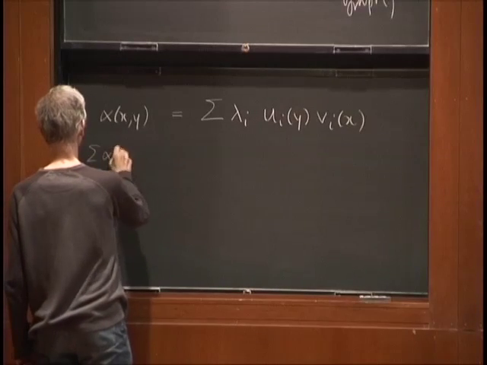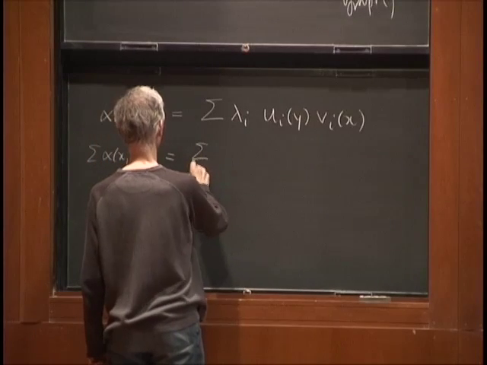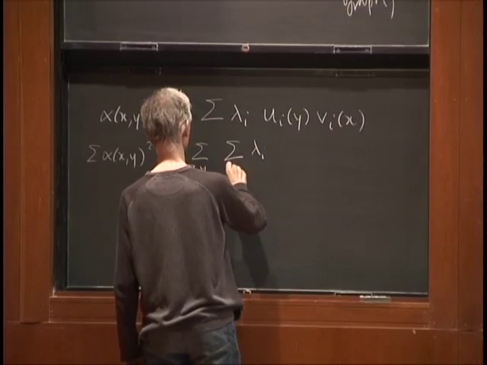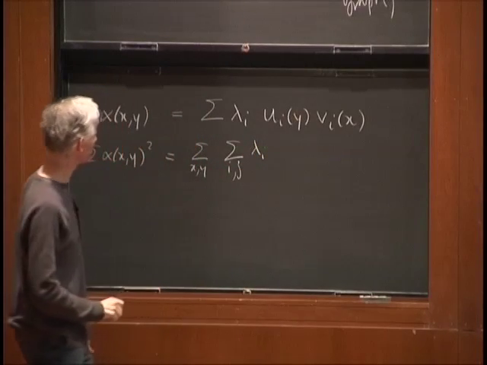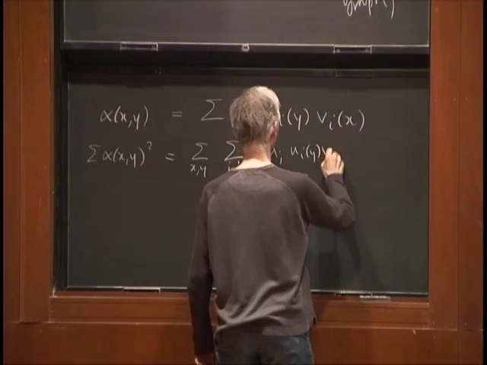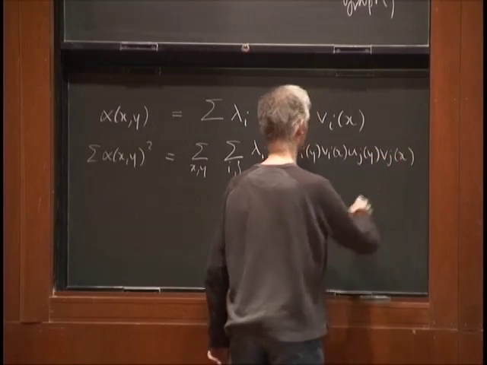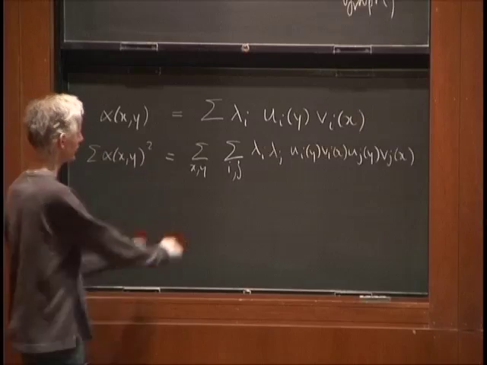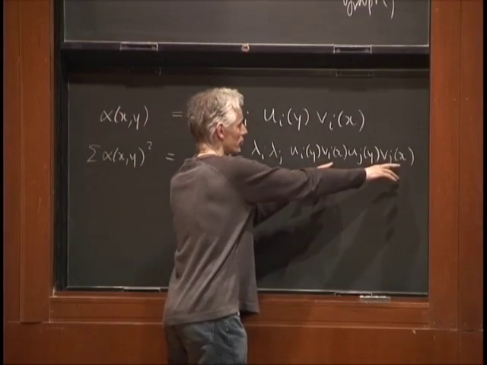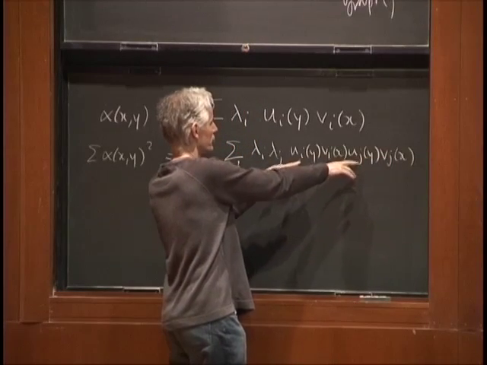So sigma alpha xy squared is sigma over xy of sigma lambda. Well, I'll do this in one step. So I'll sum over i, j of lambda i lambda j u_i y v_i x u_j y v_j x. And if I interchange the summations and take the lambda i lambda j out, we see that summing over x, I've got v_i x v_j x, and with the y, I've got u_i y u_j y.